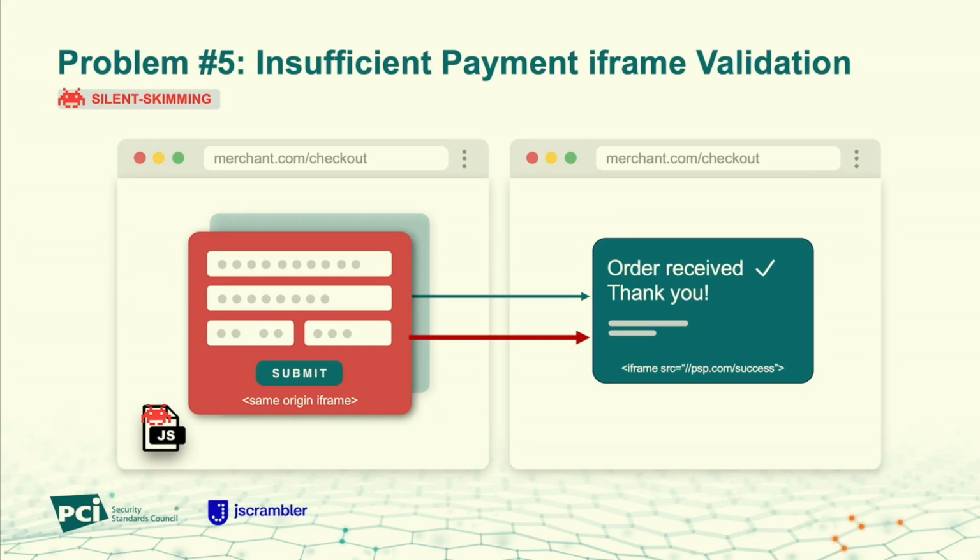And then when the user submits, the data will be posted to the second step of the normal flow. So it doesn't disrupt the payment, and the attacker is able to skim the data. There are ways for the PSP to detect this, but based on our research, most PSPs are not defending against this currently.